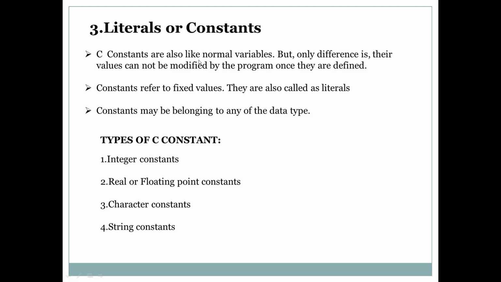So basically, literals or constants are like variables, but they have a fixed value which cannot be changed, as a variable's value can be changed. Now we will study the types of constants. There are basically four types of constants: integer constants, real constants, character constants, and string constants.